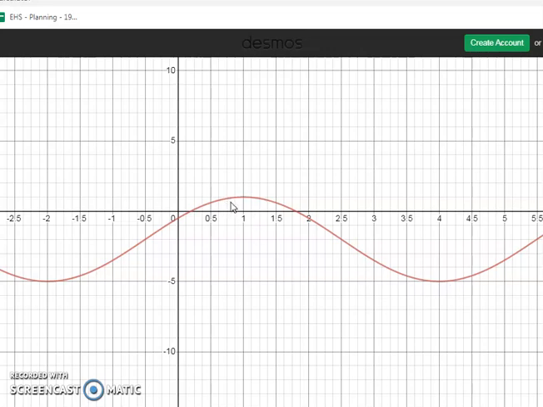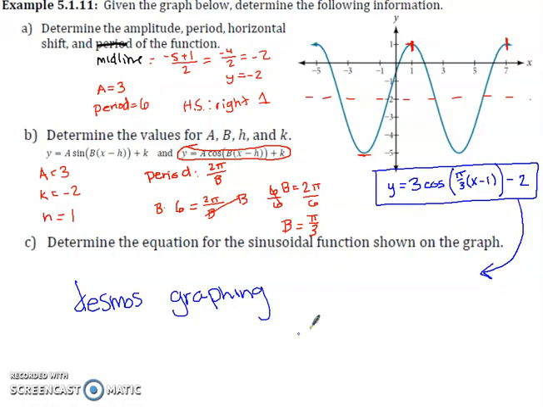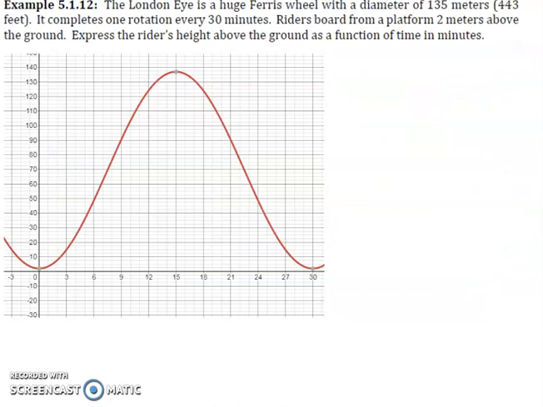I see that the maximum value is 1, and the minimum value over here at 4 is a -5. I see that that midline is at a -2, and that we shifted my graph to the right 1 unit, just like was shown in our graph in our notes.